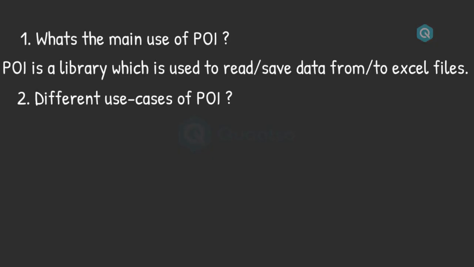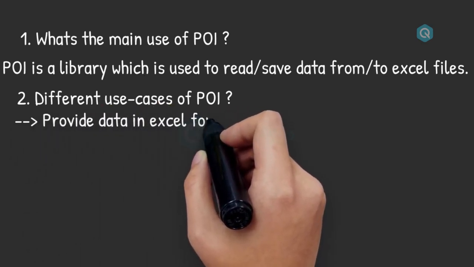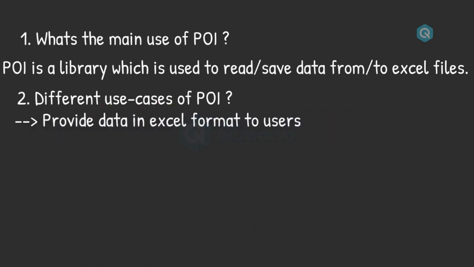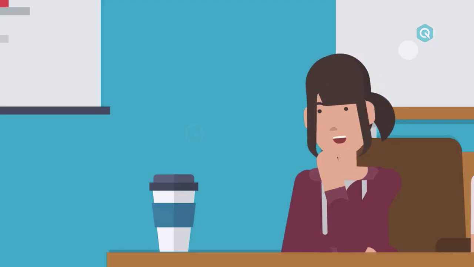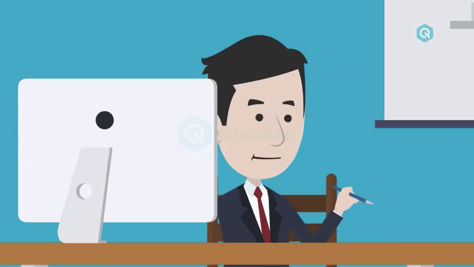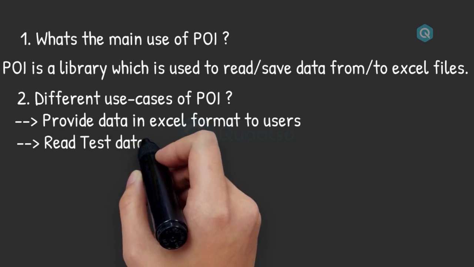Okay, one use case is to provide data in Excel format to users. Anything else? In automation testing, I have seen people using this library to read test data into their automation suite. Good point. So that's a nice use case, reading test data. So let me write it, reading test data.